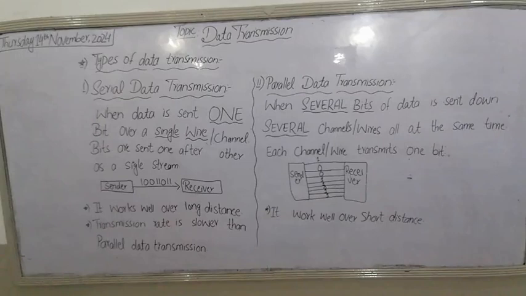So I hope the concept is clear to you. We have revised this topic once again. We have seen the two types of data transmission, how the whole process works, and the comparison of which type of data transmission is suitable for longer and shorter distances, right? So I hope the concept is clear to you.